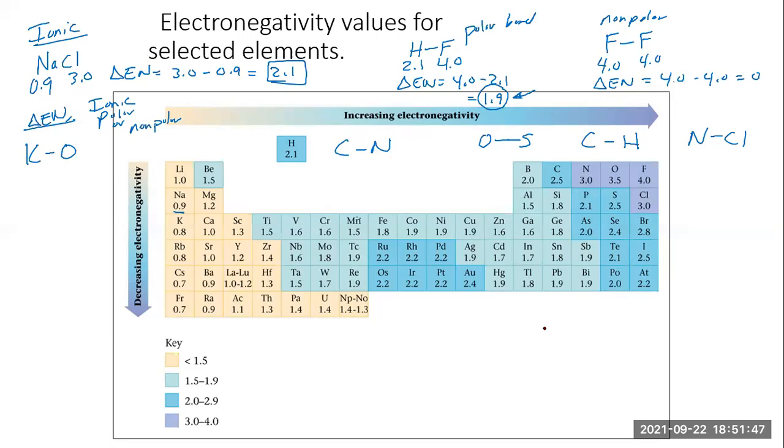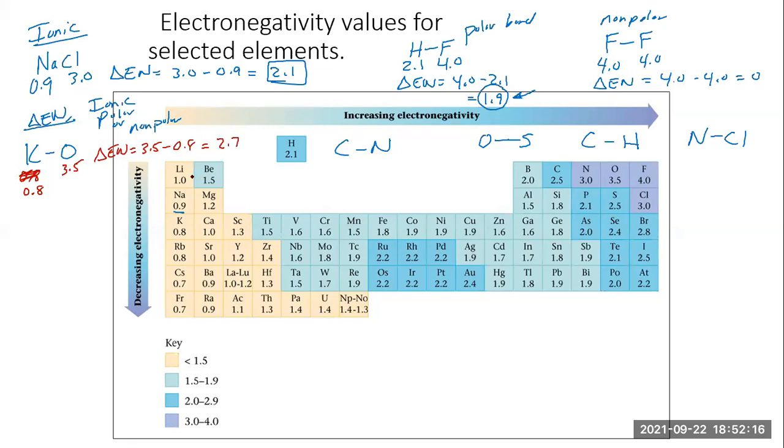Let's take a look to see how we're doing. We simply want to go to the table here. Potassium is 0.8. Oxygen there is 3.5. To calculate the difference in electronegativity, we take the bigger number minus the smaller number. That's like 2.7, I think.